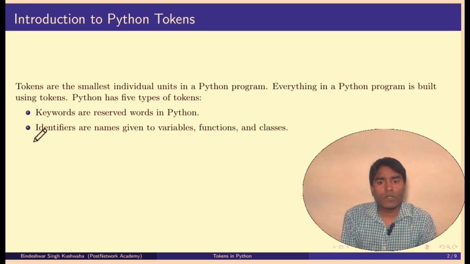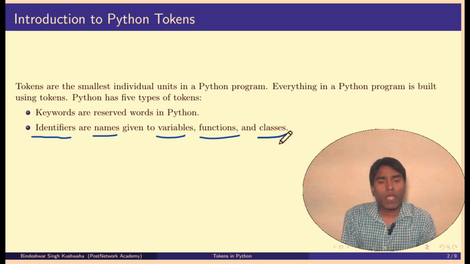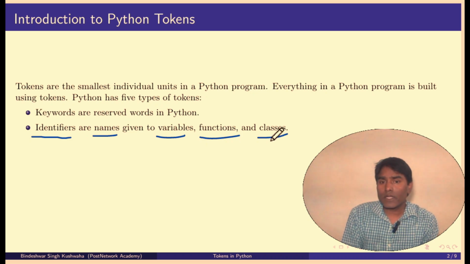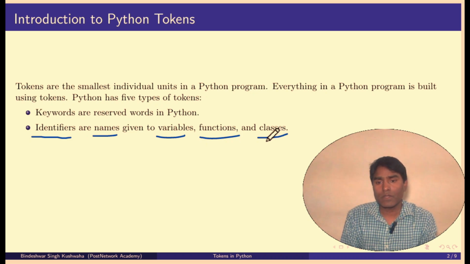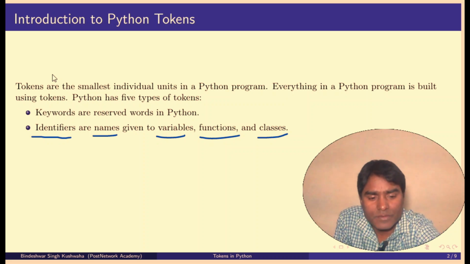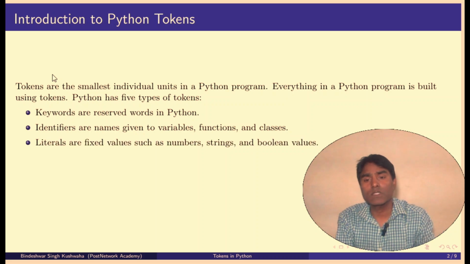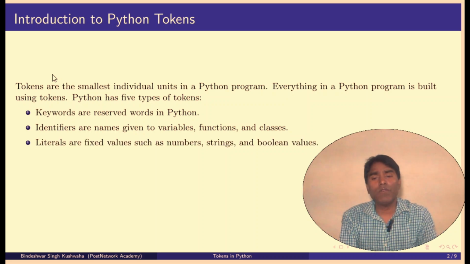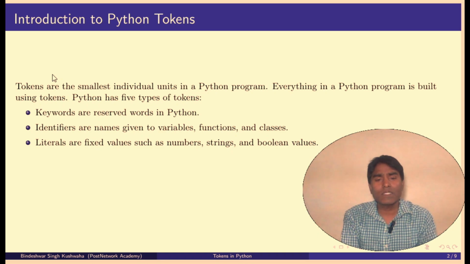These are names given to variables, functions, classes and other entities in Python. Variable is one kind of identifier. Third one, literals.